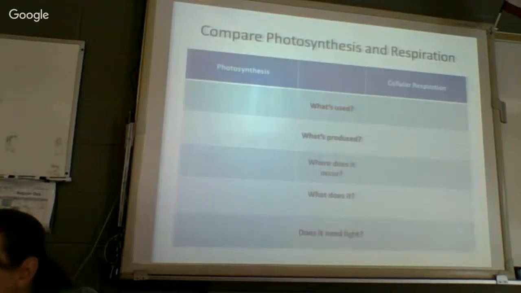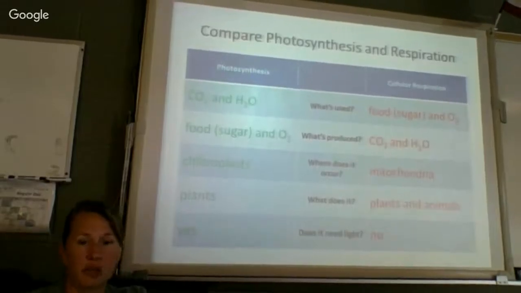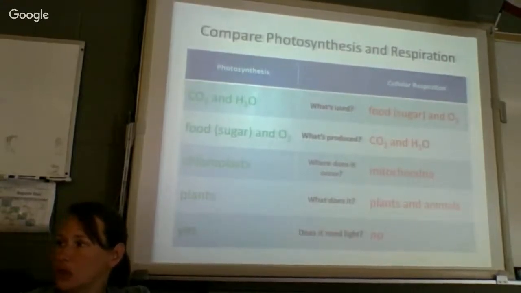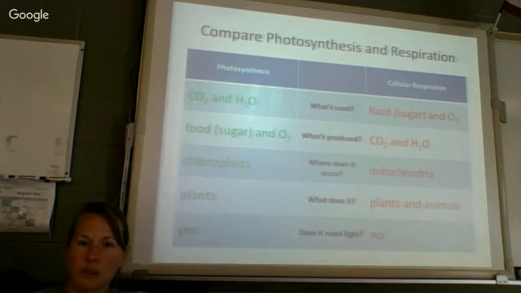All right, this just compares the two, photosynthesis and cellular respiration. It tells you what's used, so the inputs on the top, and then what's produced, the outputs, in the second row down. The middle row asks where does it occur, so chloroplast is where photosynthesis happens, mitochondria is where cellular respiration happens.